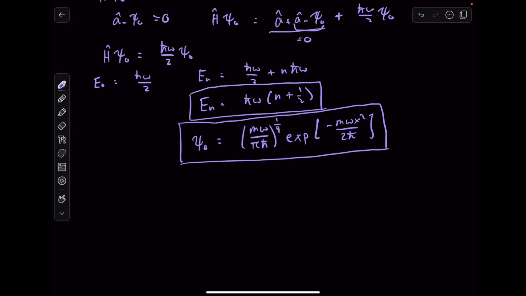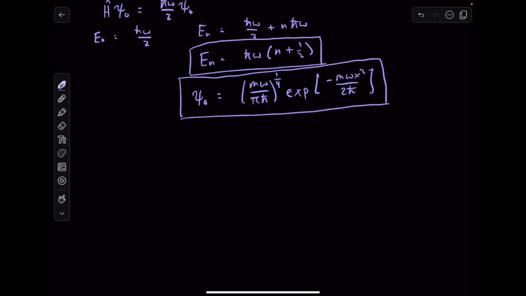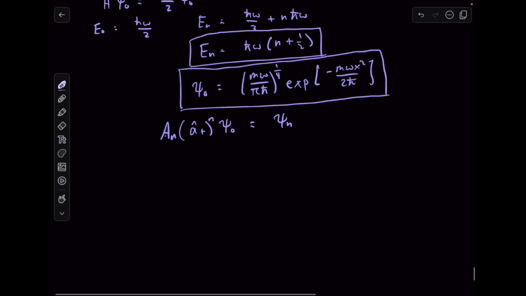And we know that applying our raising operator a certain number of times to our ground state is going to give us our nth excited wave function, and we're going to need to account for some normalization on the left side here.